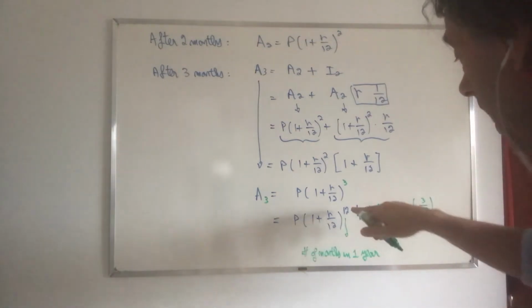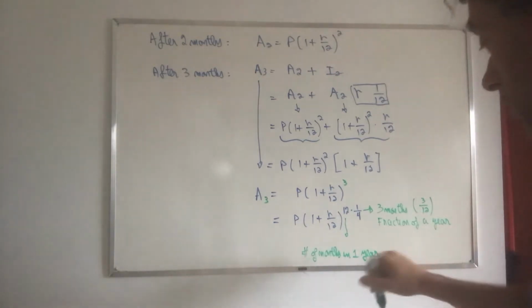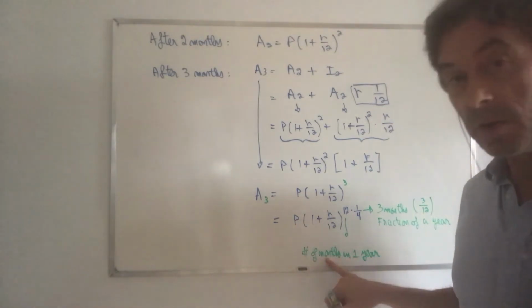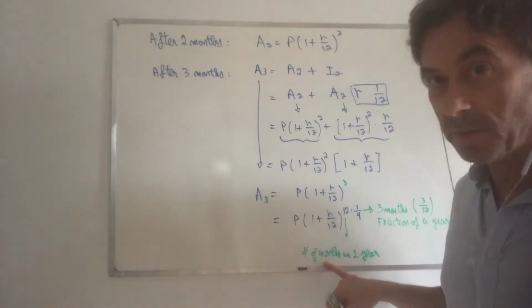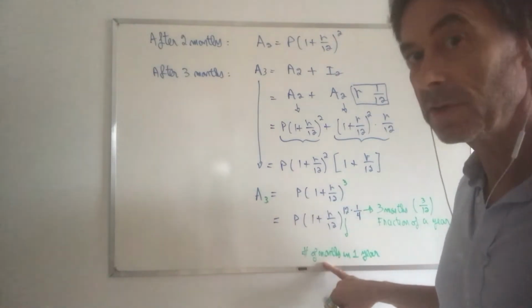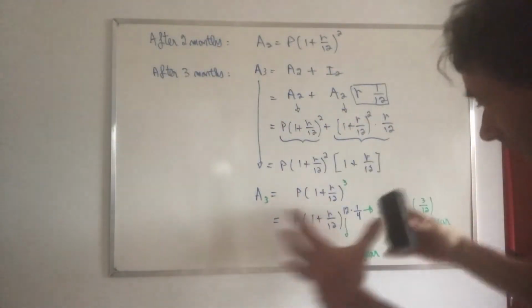And 12 would be the number of months in the whole year. It's also the number of times money is compounded in this problem, because money is compounded every month, which means money is compounded 12 times a year. And if we bring all this together, we have basically what we were looking for.